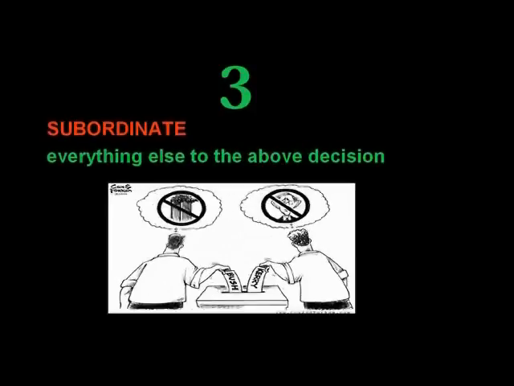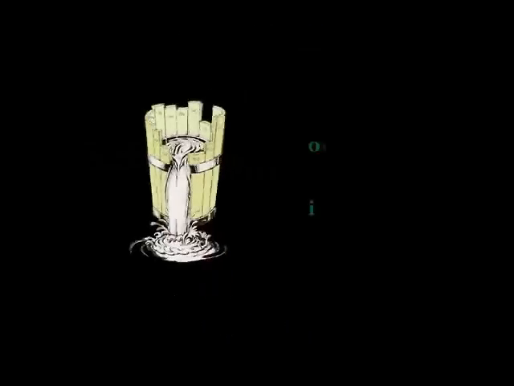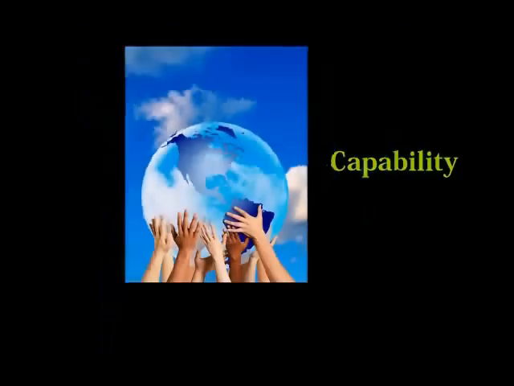Third, subordinate everything else to the above decision. The idea of subordination suggests that our use of the constraint itself should not be allowed to be limited by anything else outside of its control, including policy, habits and assumed requirements of non-constraints. A second aspect of subordination relates to the capability of the constraint itself.